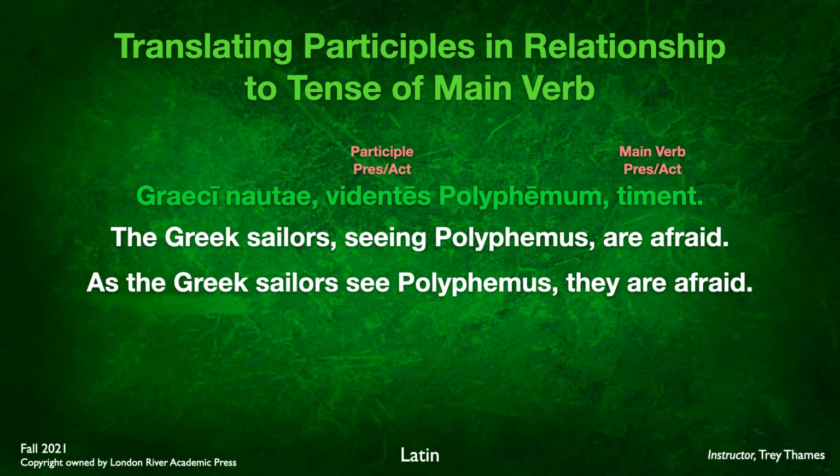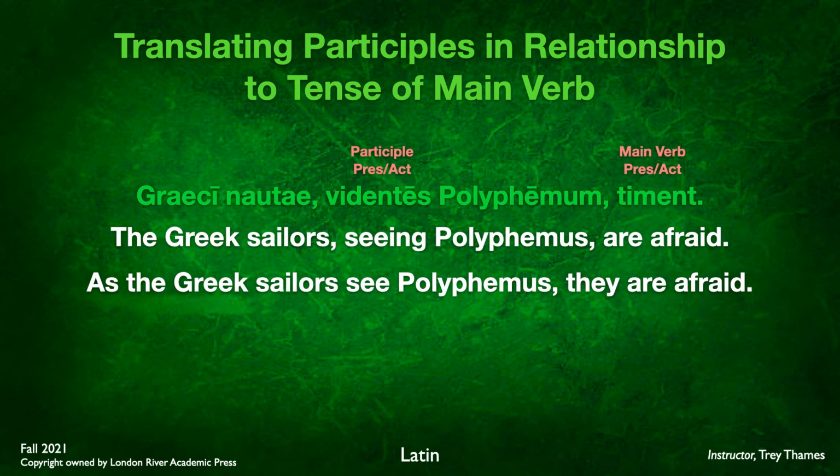So remember, if the participle is in the present tense, it's happening at the same time as the action of the main verb. The main verb is present tense, so therefore we're translating our present participle in the same time. And when we add that conjunction "as," it helps to indicate it's happening concurrently with the main verb.